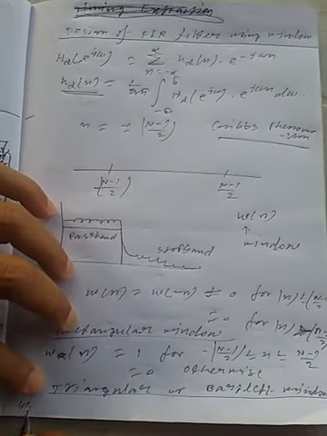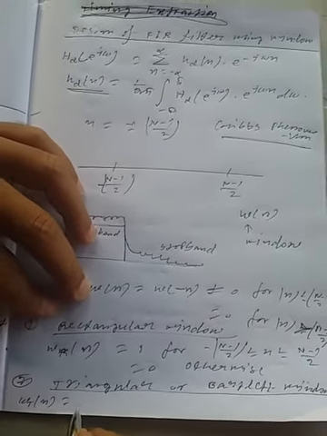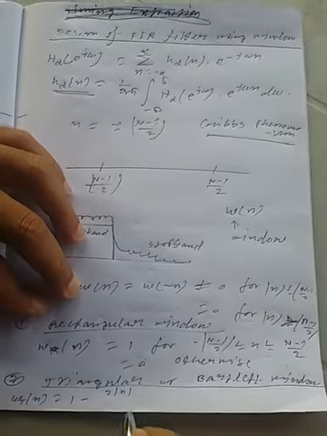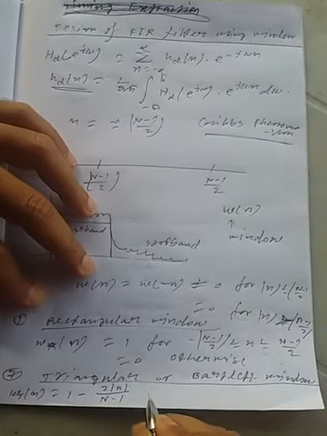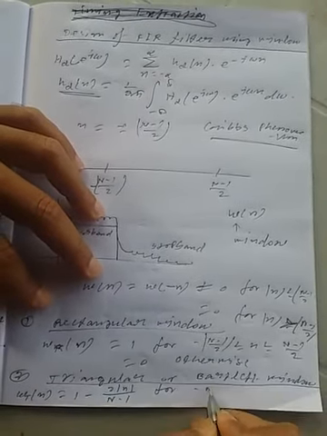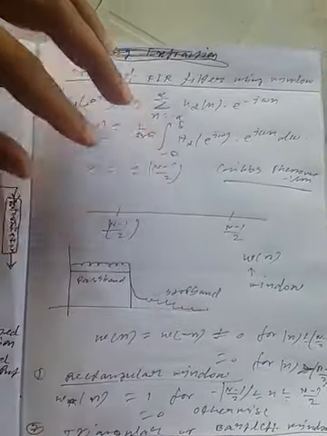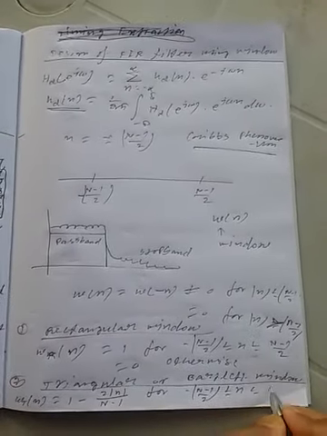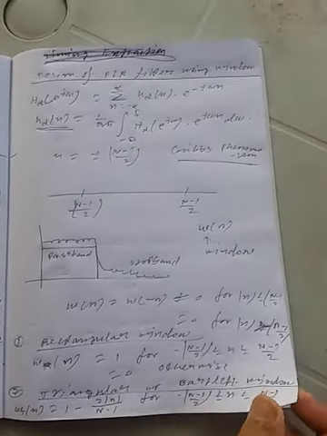That is omega t of n equal to 1 minus 2 mod of small n by capital N minus 1 for minus (N minus 1) by 2 less than or equal to n less than or equal to (N minus 1) by 2. So this is the mathematical expression of the triangular or Bartlett window.